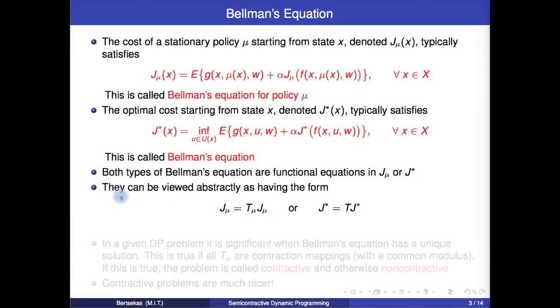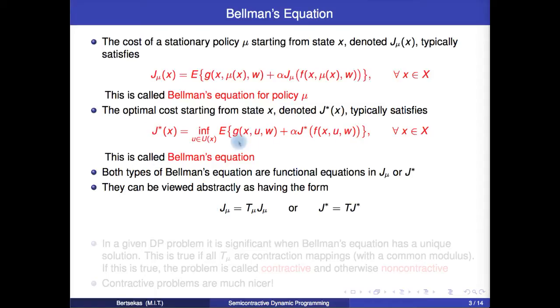And it's possible to take a more abstract point of view of looking at this equation, for example, as one transformation that is applied to the function J mu to produce the function T mu of J mu. In other words, this transformation on J mu is denoted abstractly by T mu, and what Bellman's equation says is that J mu is a fixed point of this mapping T mu.